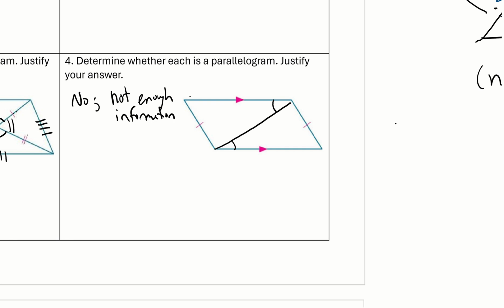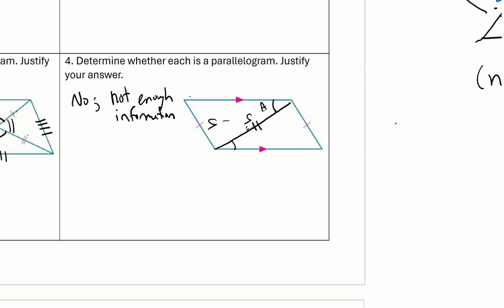But note that this side must be congruent to itself by reflexive, right? And so right now we have ASS or SSA. But remember, that's the mule trap, the donkey trap that I call. That's not enough information to determine whether the triangles are congruent.